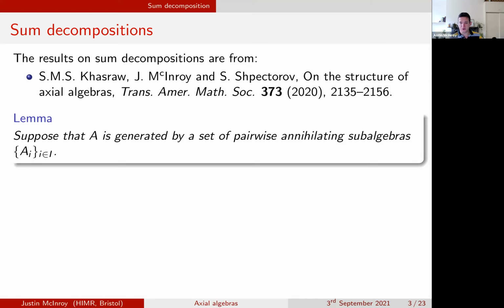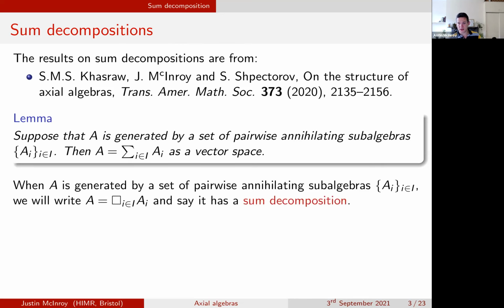So for us, I just want to think about the situation where we have our algebra, which is generated by a set of pairwise annihilating subalgebras. Then, in fact, this is exactly a sum decomposition as a vector space. And I'm going to write this as this box product here.